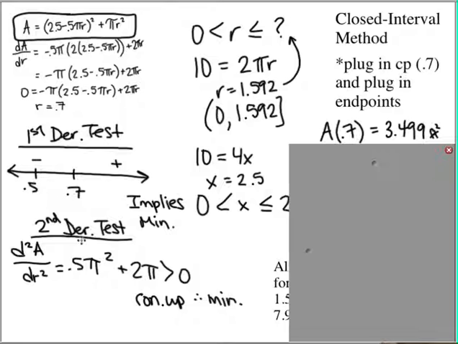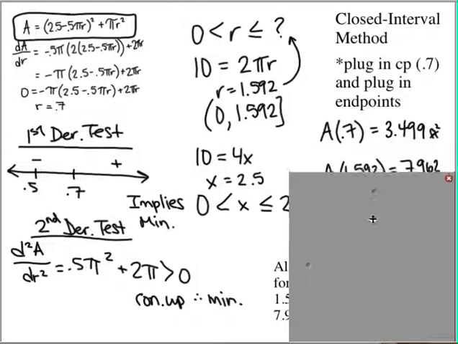According to our first and second derivative tests, 0.7 is not a maximum. So now I want to plug in my endpoints, this 1.592 into the area formula, and then 2.5. You don't need to plug in 0 because when r is 0, your x is 2.5, and when x is 0, your radius is 1.592. Those are the two endpoints we're going to use.